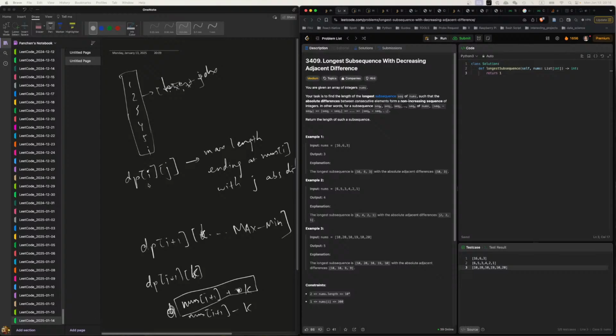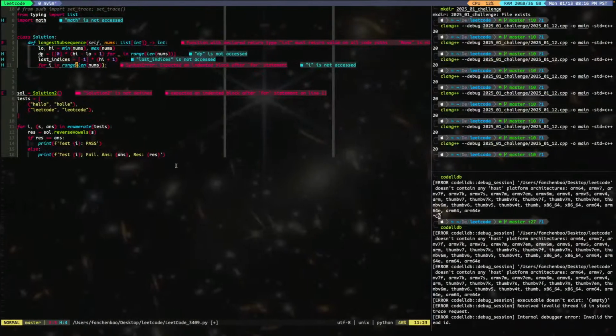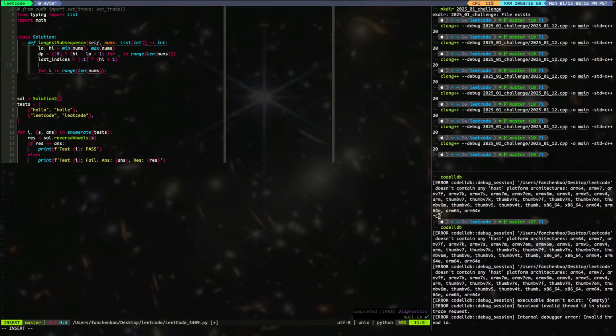At any difference, the length will be 1. Because the second one, it will always be length 2, right? Two of them will always be length 2, because there's nothing to compare them to. Okay, so what I'm saying is it will always be length 1, which means we can say dp is 0.